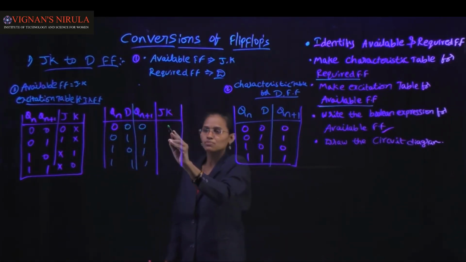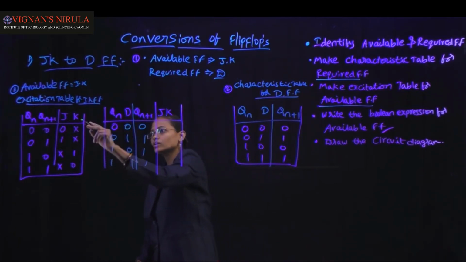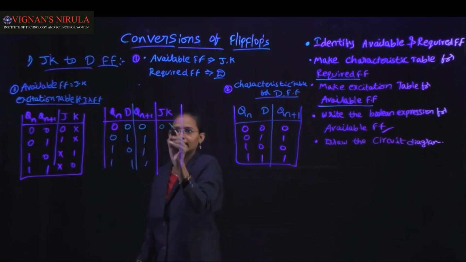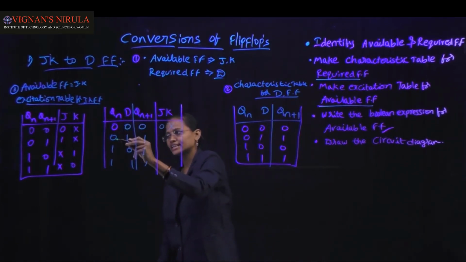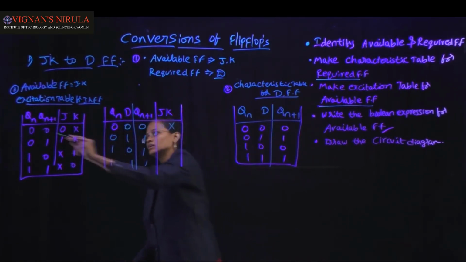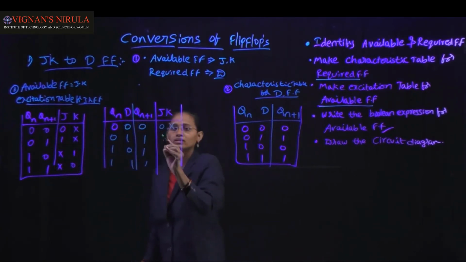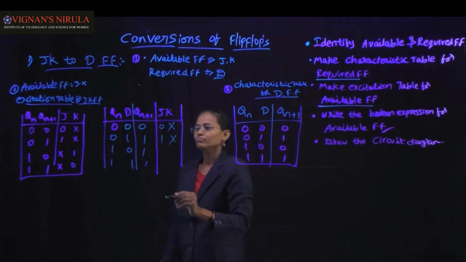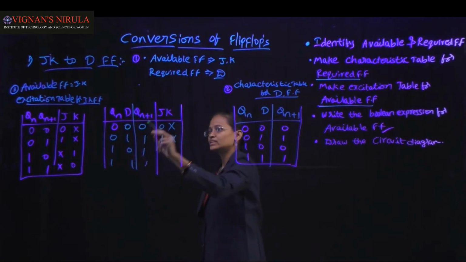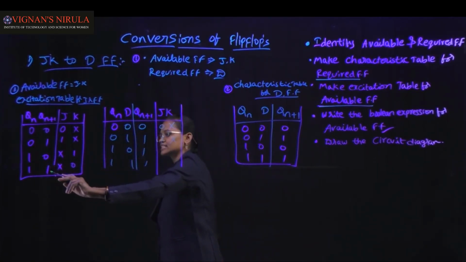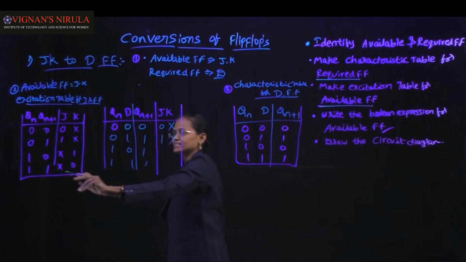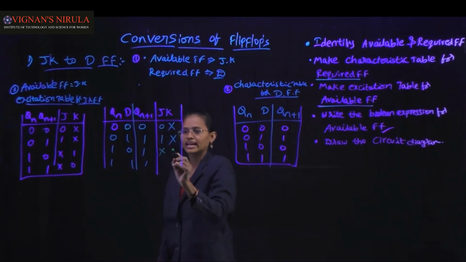Then excitation table for JK is J is 0, K is X. And next 0, 1. Present state is 0 and next state is 1. J is 1, K is X. And next present state is 1, next state is also 1. That is J is X, K is 0.